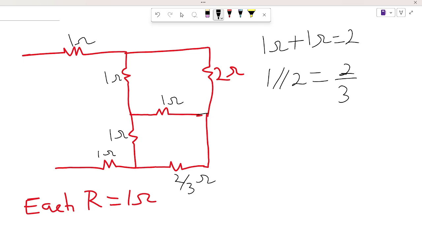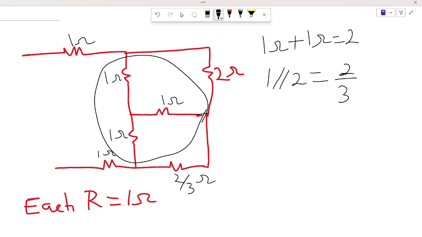So now, if you look closely, we have a star arrangement present here. Even when we move this way, when we look through the circuit we have left, we don't have any that are really in parallel or in series, but we can actually see a star arrangement, though it can't be simplified easily.